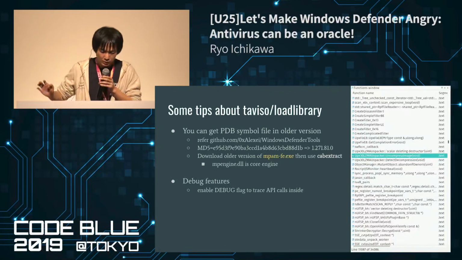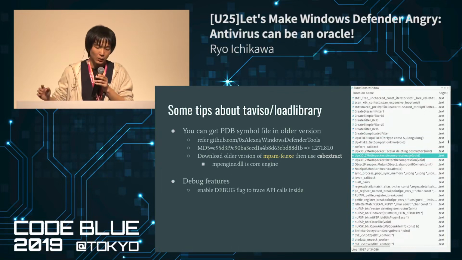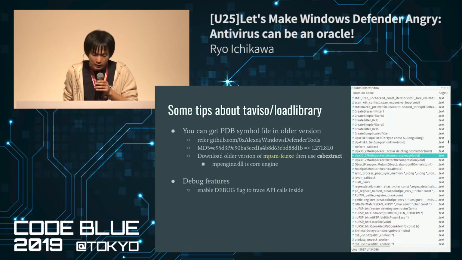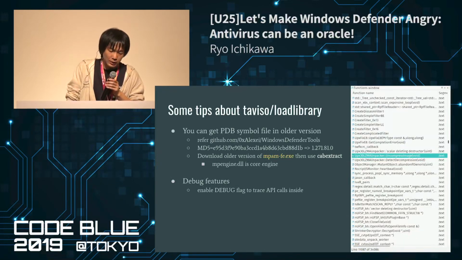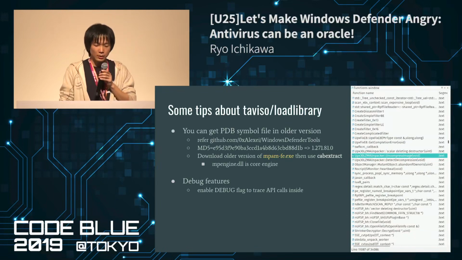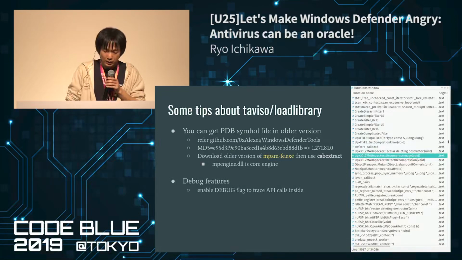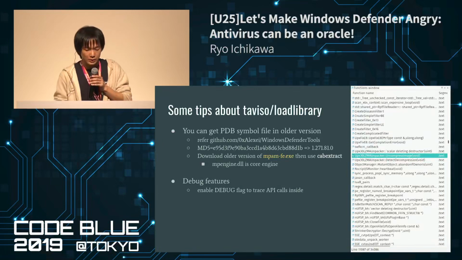You can extract mpengine.dll with the cabinet extract command. This is a cabinet archive. Also, debug features can be enabled by adding the debug flag, and it enables us to trace API calls inside.